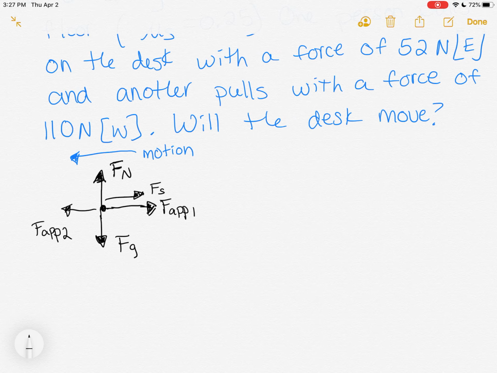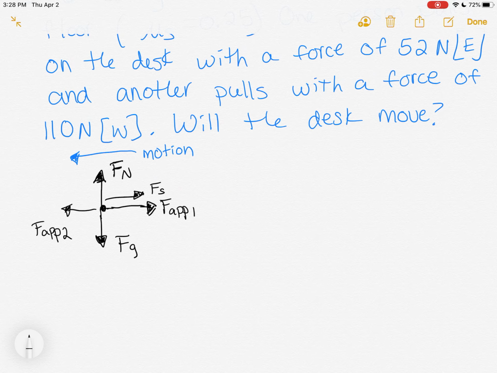So there's static friction. Now, if you want to put your motion going to the right, then your Fs has to be going to the left. It doesn't matter which one you choose, but your Fs has to be going in the opposite direction to whatever you've chosen for your motion.